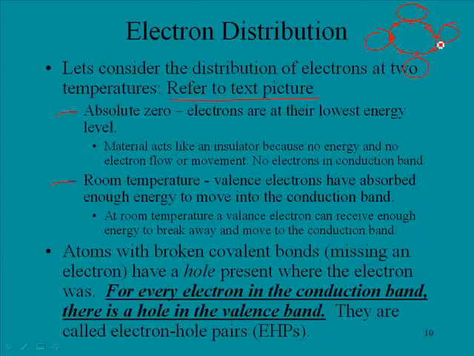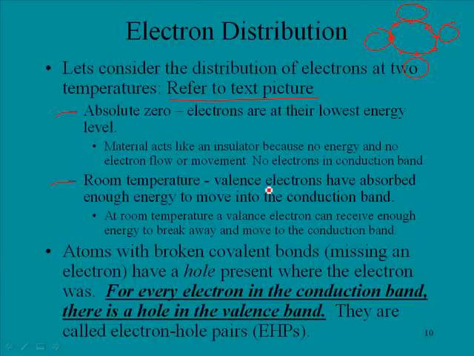At absolute zero, there's no energy, and so the possibility of one of these electrons becoming free and becoming what we would call a conduction band electron is virtually impossible, because there's no extra energy, and so it's going to stay in this tightly bound state.